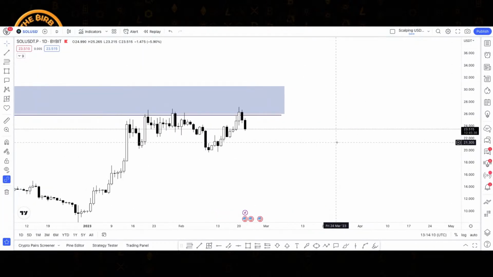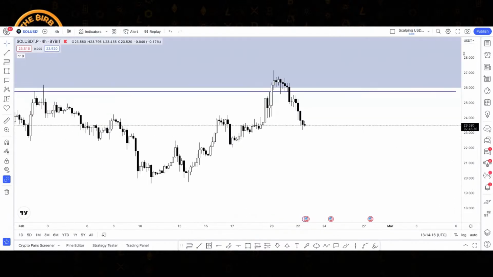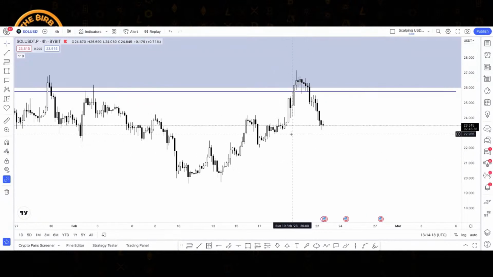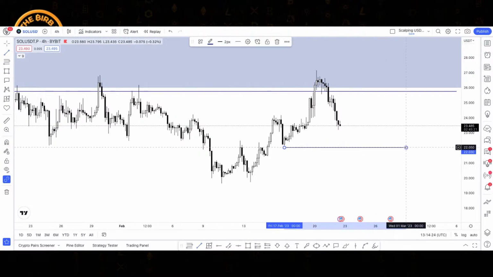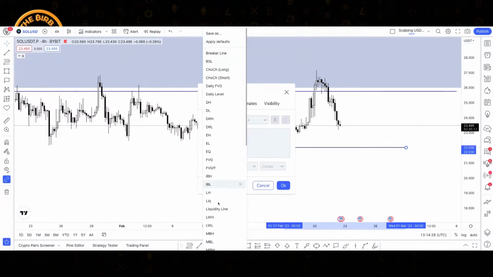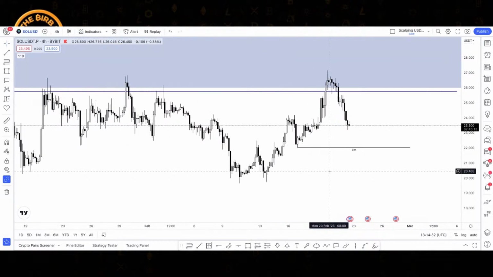So really quickly, how would we look to do that? That would be the really key area of interest for me. I'm asking myself now, if price is breaking down here, where's it reaching for? Yeah, where's it reaching for? There's liquidity resting under here, which for me is key.